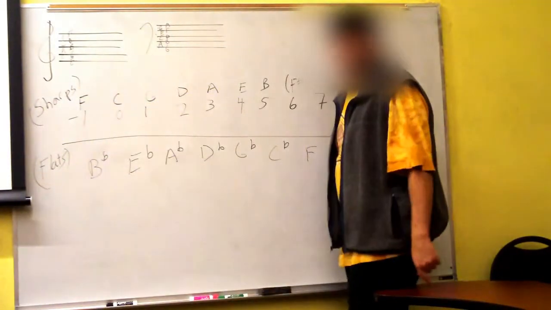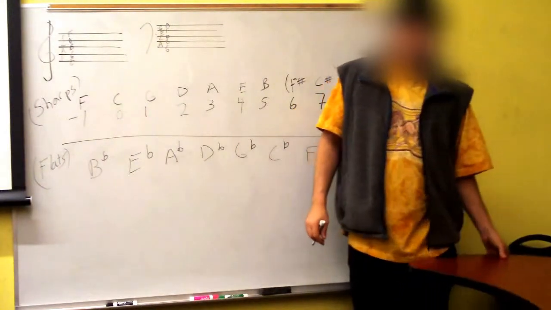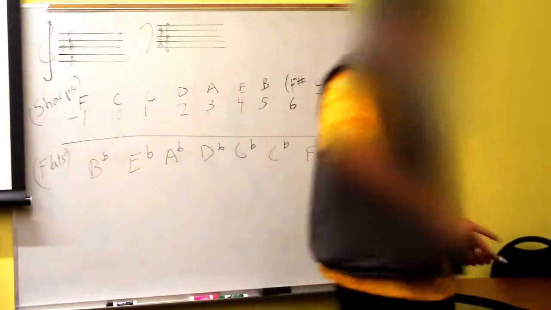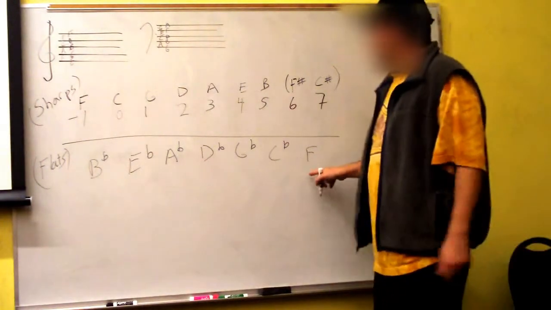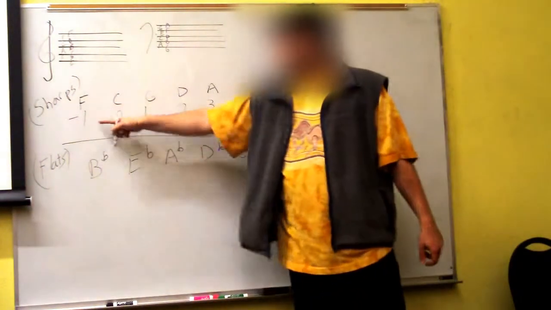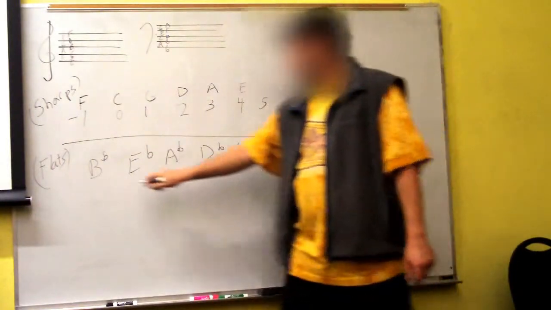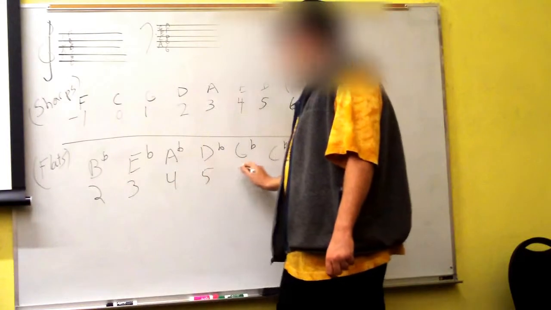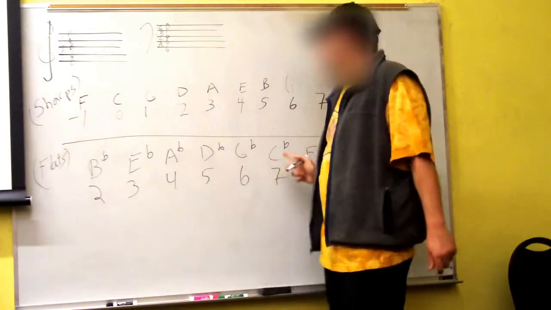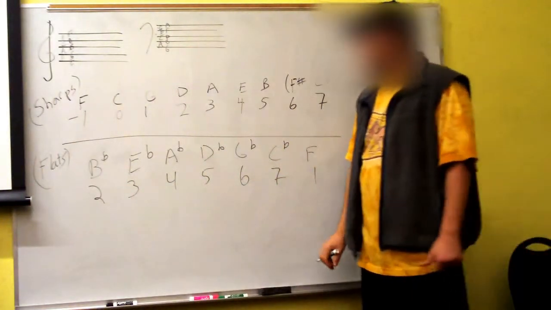In both charts, it's sort of sitting between. All right. So since that's -1, I can say that F is 1, 2, 3, 4, 5, 6, 7 flats. C flat has 7 flats.